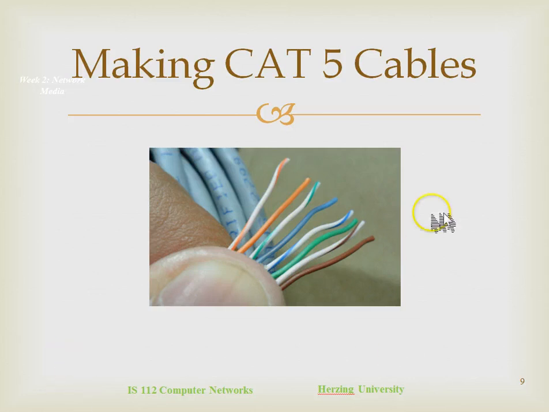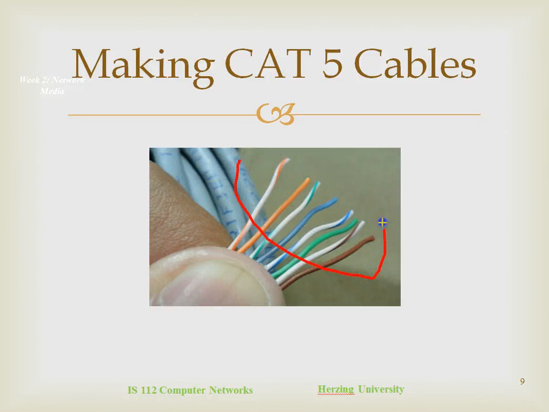Okay, in this case, let's look at it in detail here. We have every one of these wires. We have the white orange, the white green, the blue, the white blue, the green, the white brown, and the brown. That's the order that you need to make a standard wire.